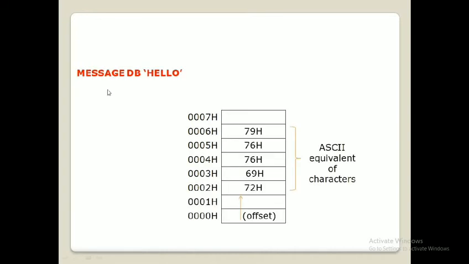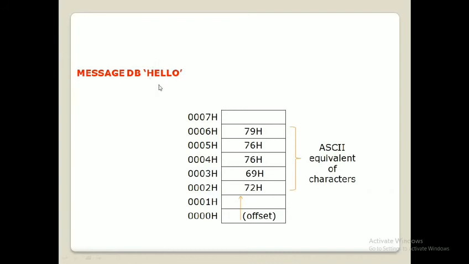We can also use this directive to store character strings in memory. To store character strings, the assembler will use the corresponding ASCII codes of those characters. For example, we can see here there is a character string named message which contains HELLO. So this DB directive will first check the length of the string.